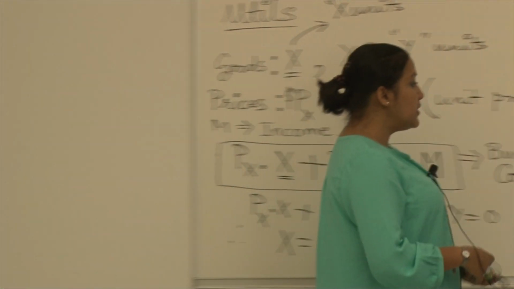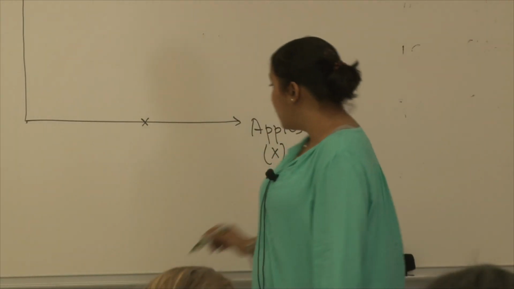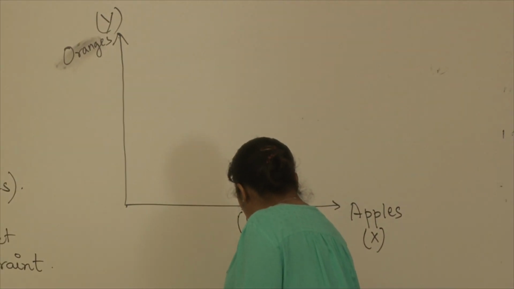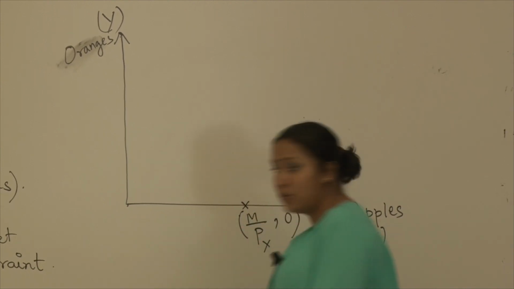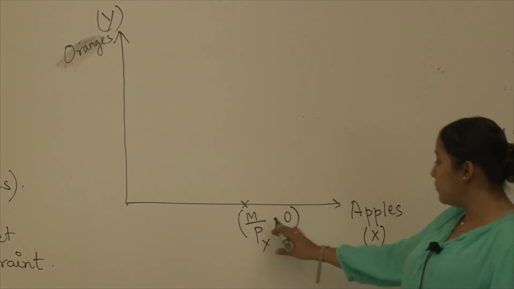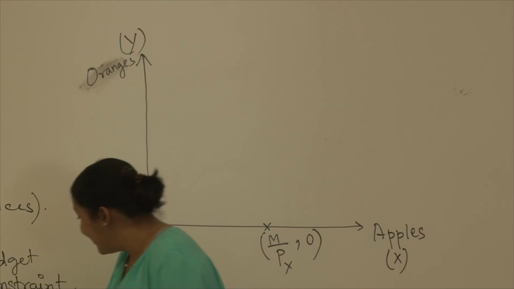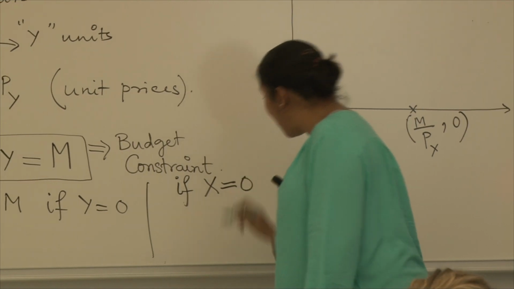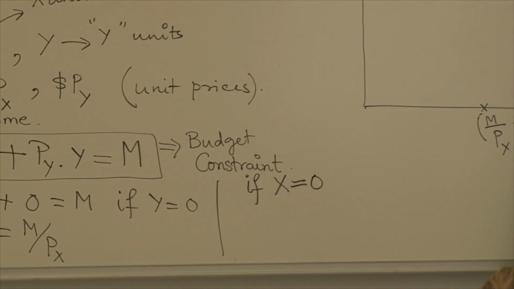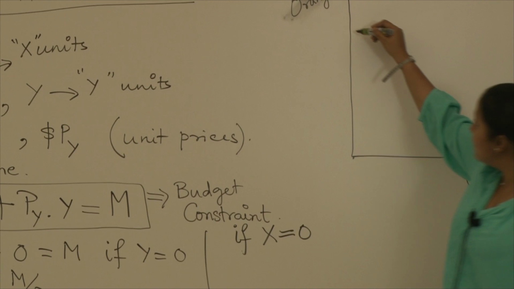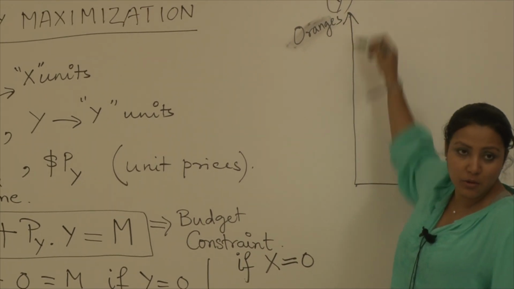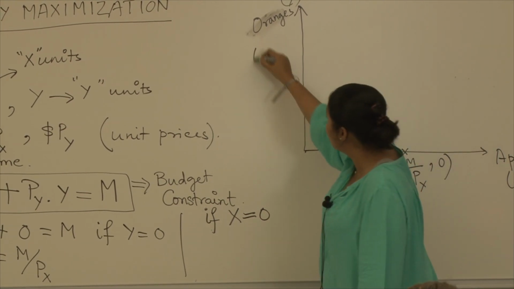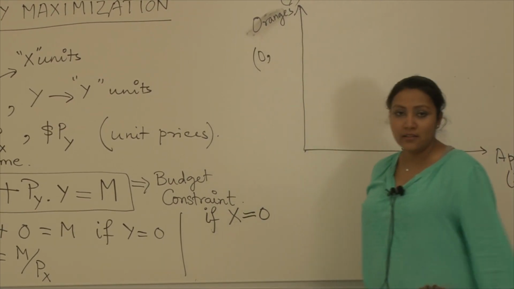Right? So, can I say that on the x axis, the coordinate of this point is m divided by px, comma 0. Similarly, if I was not buying any apples, if I was just spending on one good, then that means I would be buying something on this axis because I would be buying oranges only and my x coordinate would be 0 for sure because I am not buying any x.